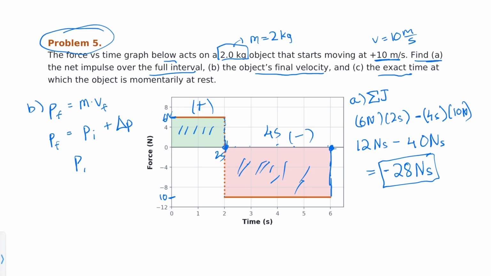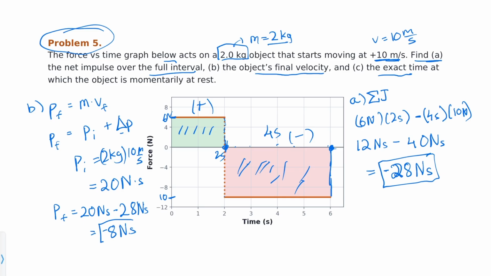So P initial here would be 2 kgs times 10 meters per second. That's our initial momentum, so 20 newton seconds. And delta P was negative 28, so we can just write P final as 20 newton seconds minus 28 newton seconds, or negative 8 newton seconds. All right?